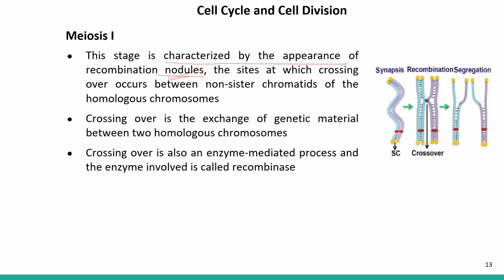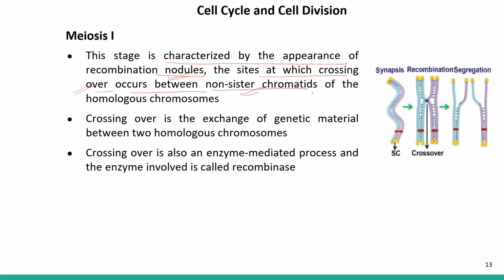So how did it happen? It happened at a site at which the crossing over occurs, a very important question that always comes from this point, right? So crossing over occurs between the two non-sister chromatids of the homologous chromosomes forming the bivalent structure, and it also shows the tetravalent tetrad structure, right?